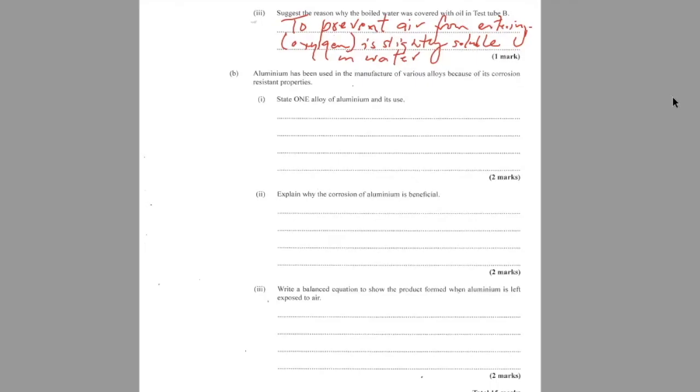Part B, aluminum has been used in the manufacture of various alloys because of its corrosion resistant properties. State one alloy of aluminum and its use. All right, the good thing is we're writing because I'm not sure how we pronounce it. I'm not 100% on the pronunciation here. So it's duralumin.